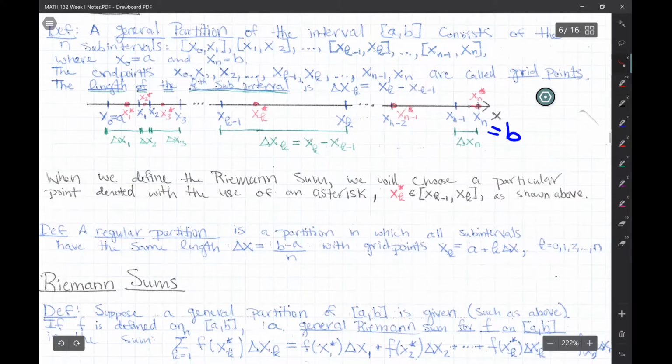The nth subinterval is here, and we chose the right endpoint there. For the third subinterval, we chose the midpoint, and we also chose the midpoint for the second subinterval. For the first subinterval, we didn't choose it to be right or in the middle, it's sort of somewhere in between there.